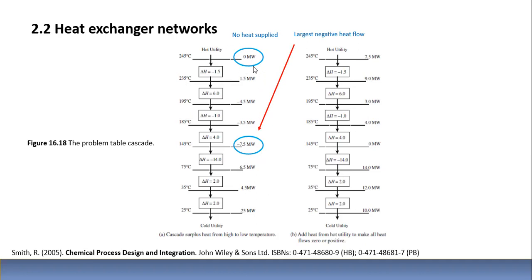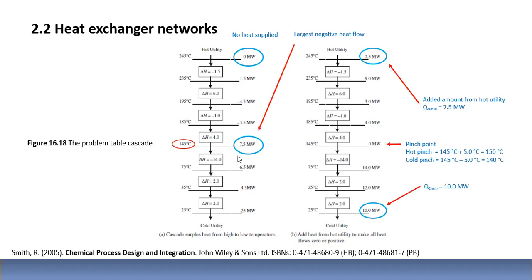You start as if there were 0 megawatts, and then you do the cascading down all the way to the bottom. Then you select the largest negative heat flow. The largest negative heat flow will represent the QH input, your hot utility.